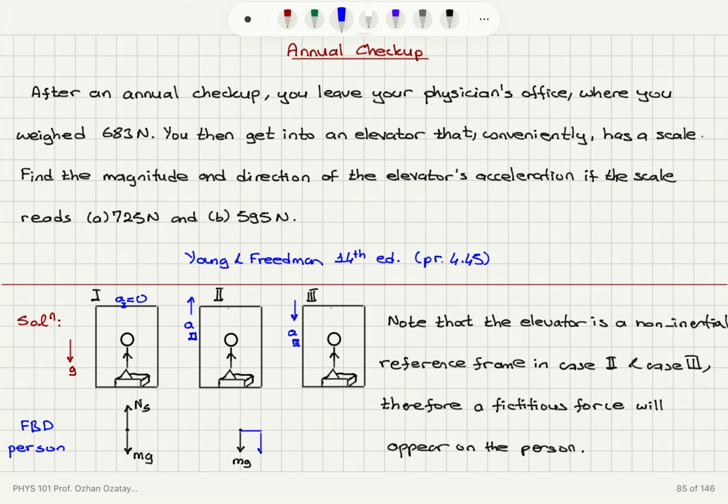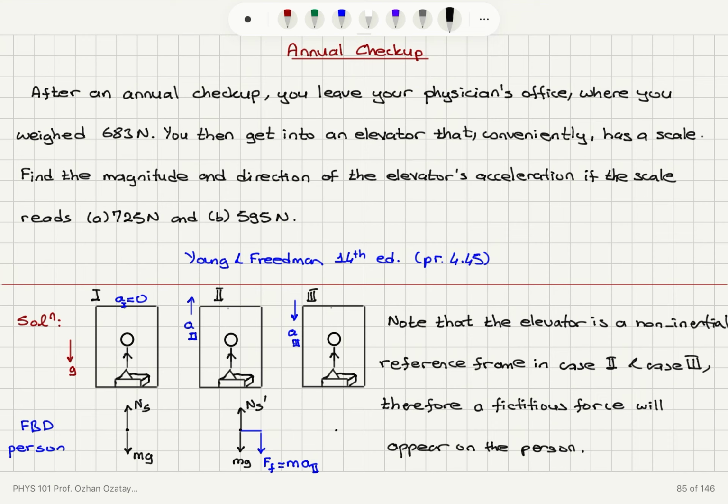A fictitious force which has magnitude mass times the acceleration of the elevator will be pointing downward, and the normal force from the scale will have a new value, Ns prime, that will correspond to the reading in this situation.